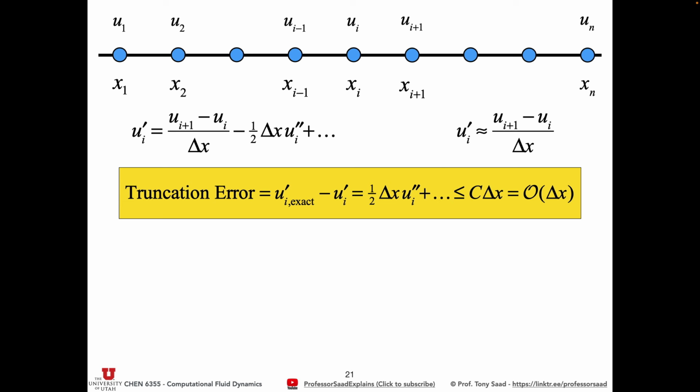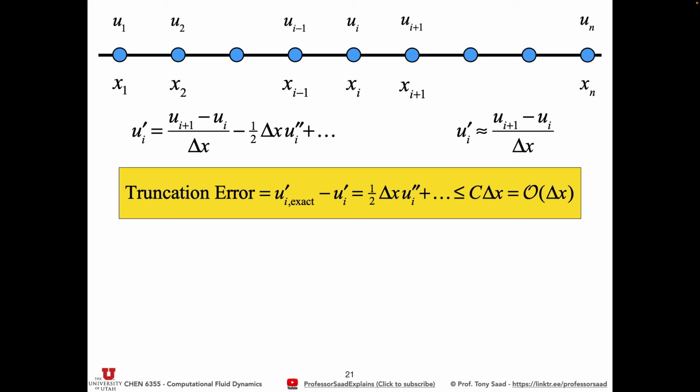We say then the error, the truncation error, is of order delta x. It means in the limit as delta x goes to 0, the error is kind of parallel to the line that defines the slope that is equal to delta x, okay? As you shrink delta x, you have a line that's going down, and your error is going to be parallel to that. It might be a little bit higher, a little bit lower, but it's going to be consistent with it.